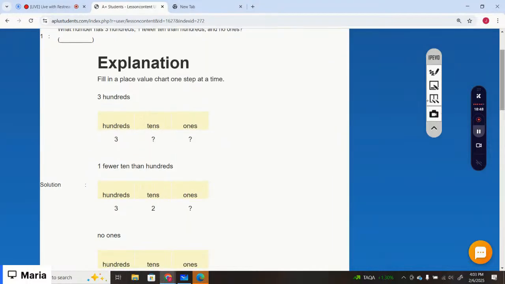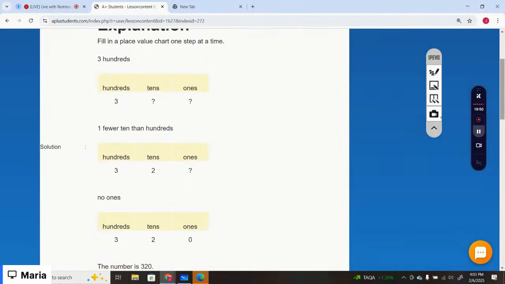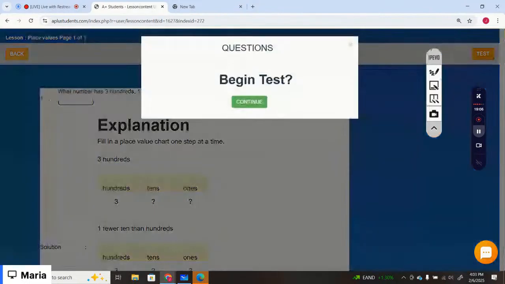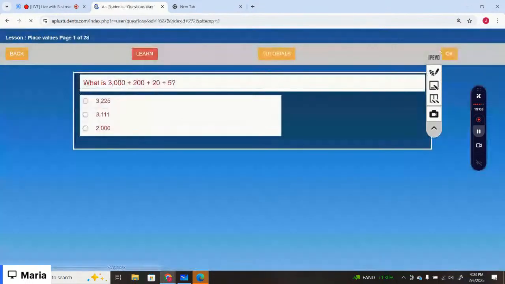And no ones means the ones digit is 0. So that is 3 hundreds, 2 tens, and 0 ones. So the number is 320. Got it? Let's just start with the test questions.